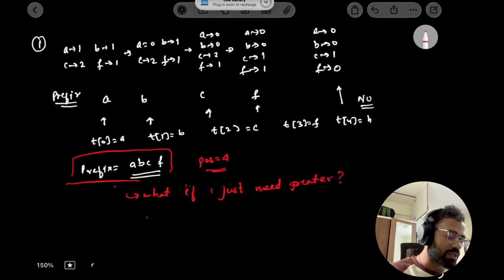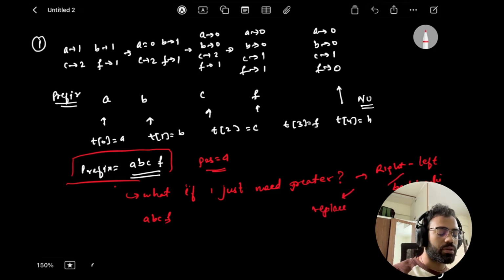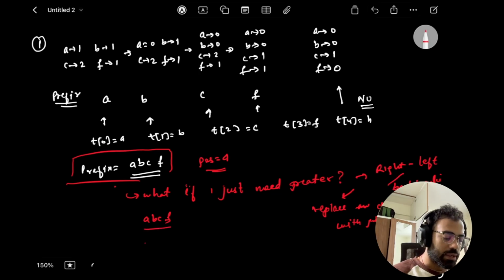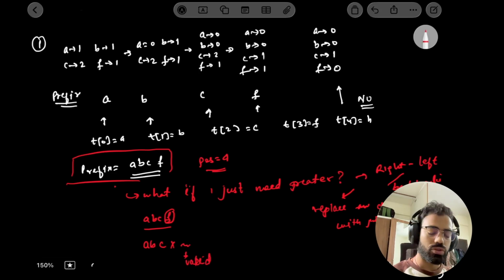See, if this is A, B, C, F, you go from right to left, or you can say backtracking, and replace the character with just greater. If for this F position I found a character which is just greater than F, let's say I found some X, then anything after this will be valid. So this is what we have to do.